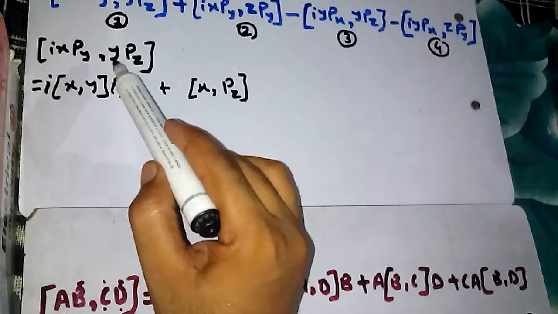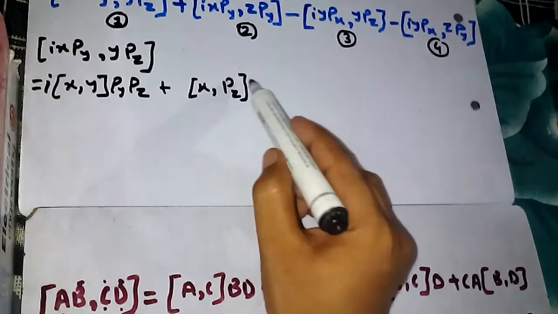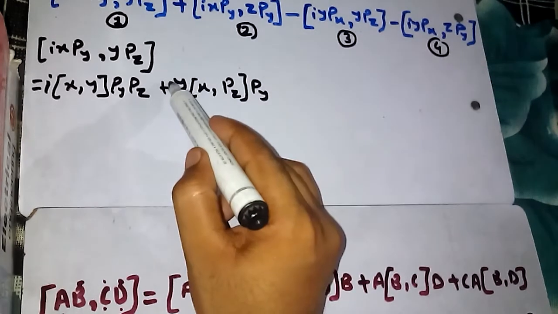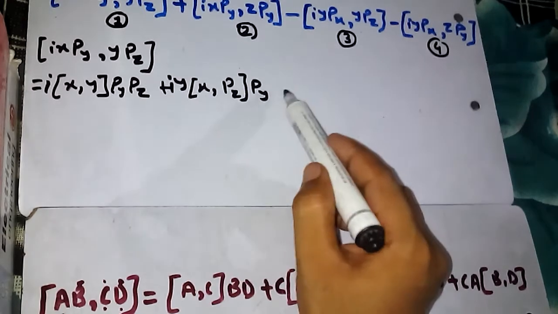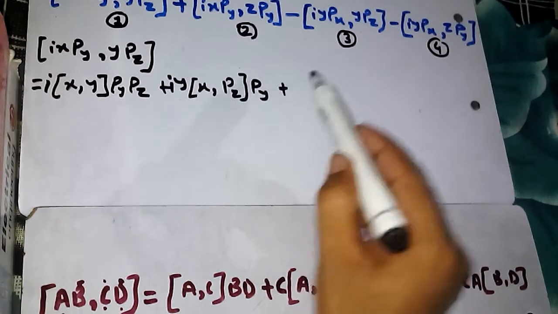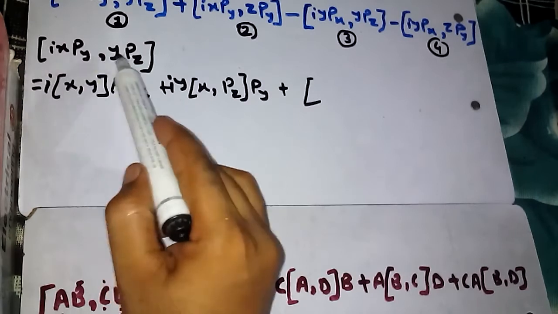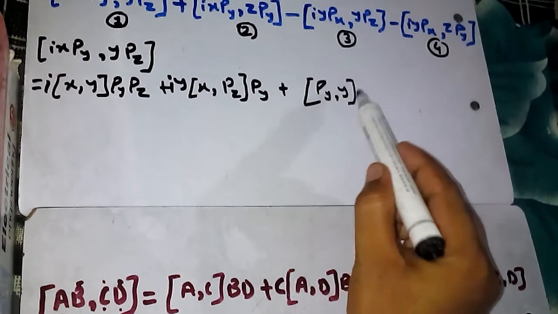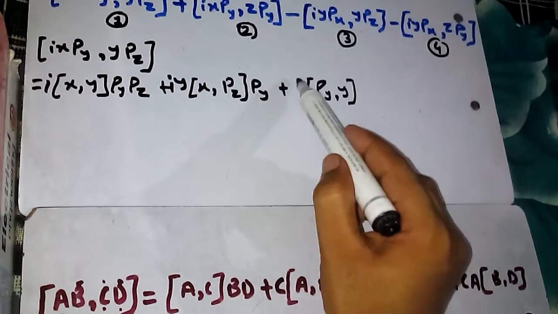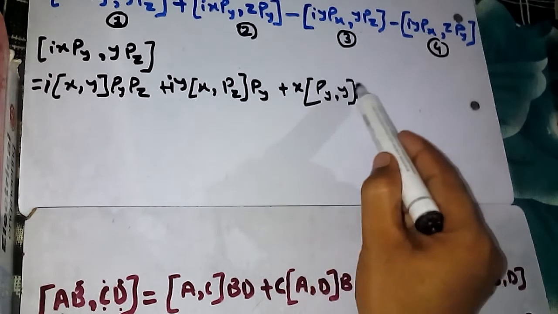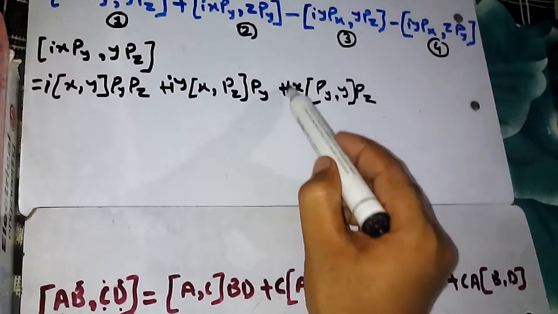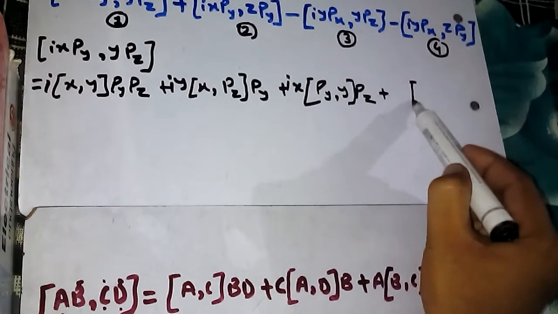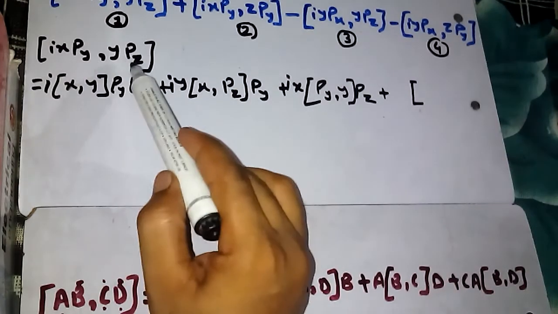then py and y will come outside, so py here and y here, and obviously i, plus then commutation of py and y, and now x and pz will come outside, x here and pz here, and i will also come outside, plus commutation of now py and pz.